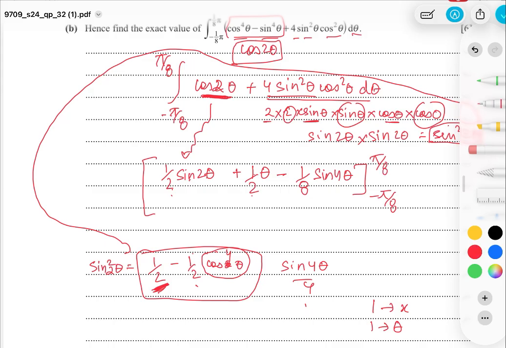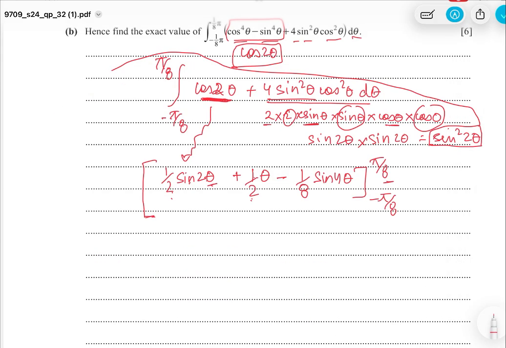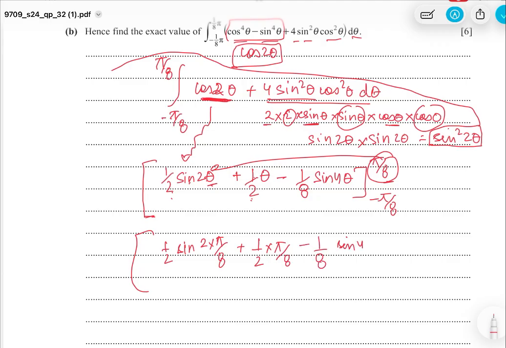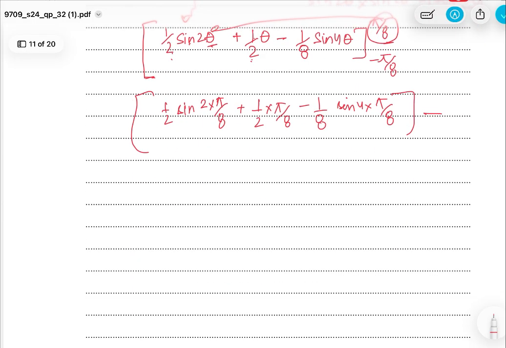Now we'll put the values for theta. Now let's plug in the values. Upper limit instead of theta, that would give us half sine 2 times pi by 8. See, I'm putting in the upper limit first. 1 by 2 times pi by 8 minus 1 by 8 sine 4 times pi by 8 minus the lower limit.